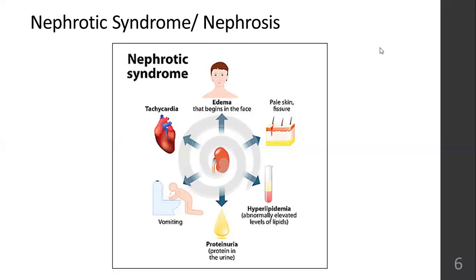Untreated glomerulonephritis, untreated diabetes mellitus, lupus, amyloidosis, malaria, when these disease conditions are not treated on time, or there is any delay in the treatment, or a correct form of treatment was not given, that could lead to nephrotic syndrome. It's a progression of glomerulonephritis, or the worsened situation of glomerulonephritis.